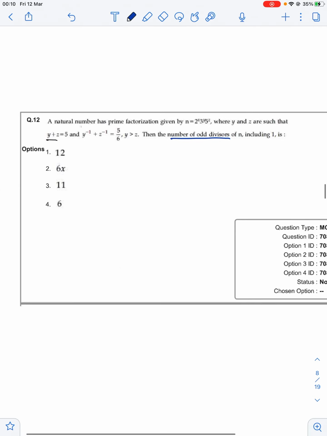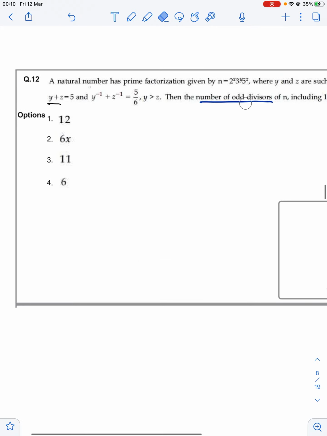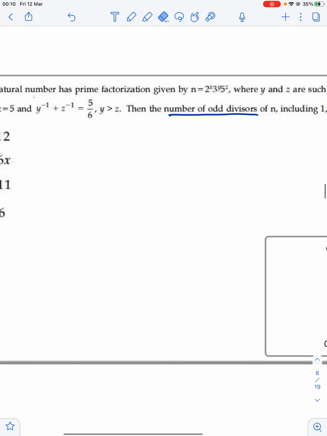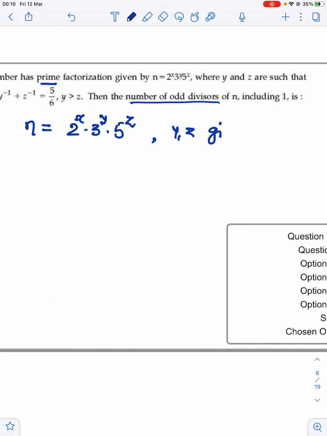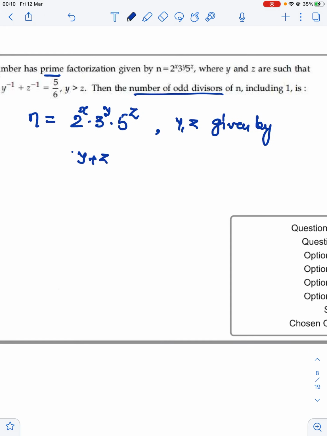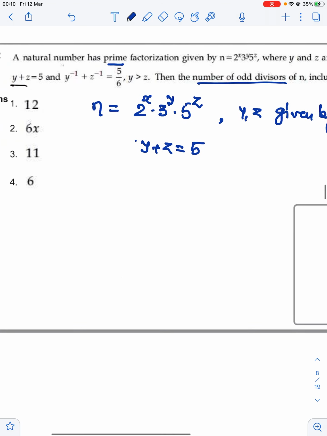Question number 12. Question from permutation. Now let us see that there is a number n having the prime factorization 2 to the power x, 3 to the power y and 5 to the power z, where y and z are satisfied by these two conditions: y plus z is equal to 5 and 1 upon y plus 1 upon z is equal to 5 by 6.